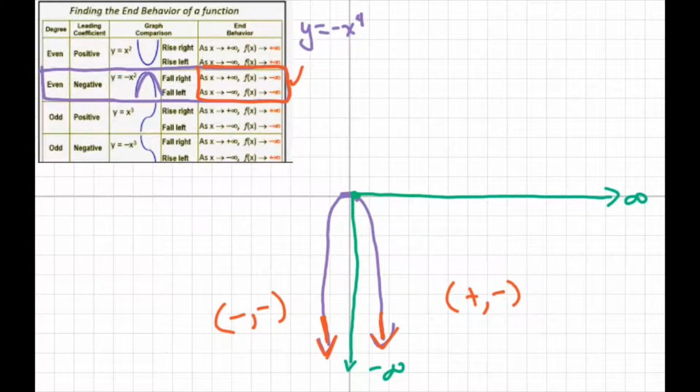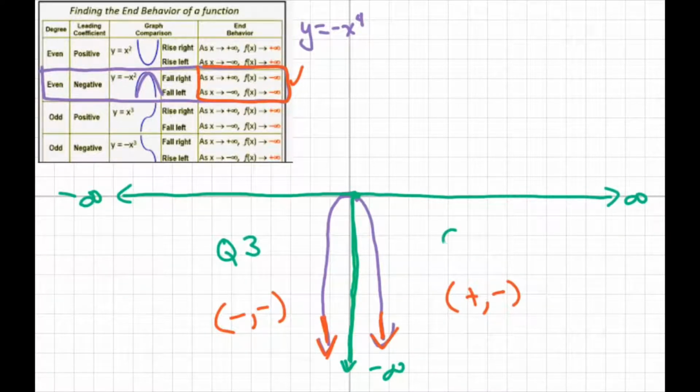And also as our x values get smaller and smaller, our y values again get smaller and smaller. So just remember, we're starting in quadrant 3 and ending in quadrant 4.